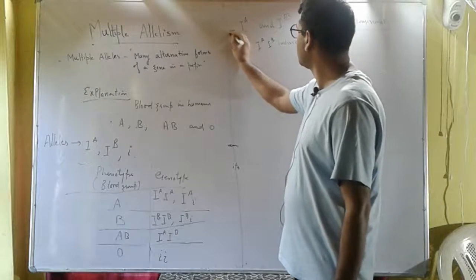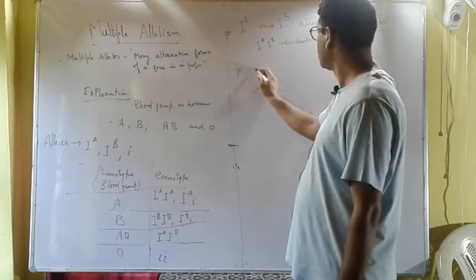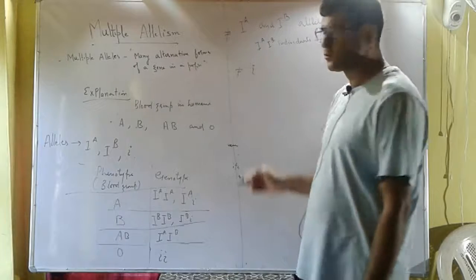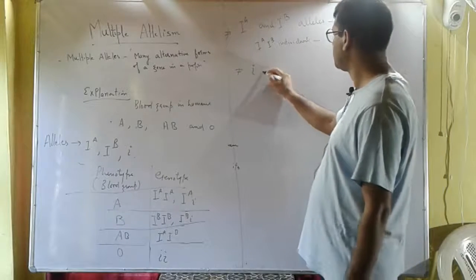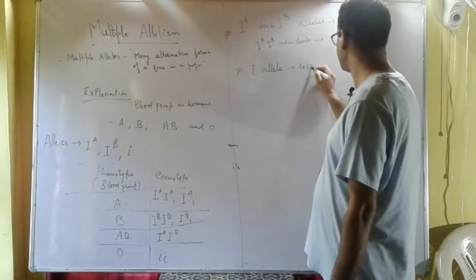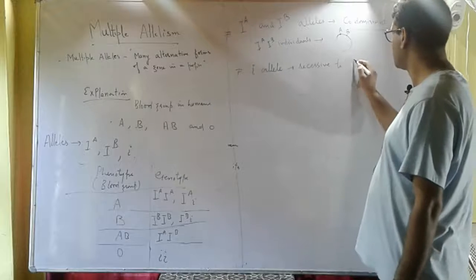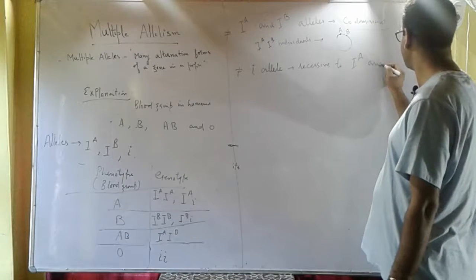Then we have the small i allele. It is recessive to IA and IB.